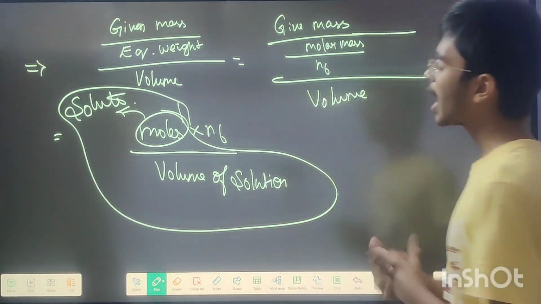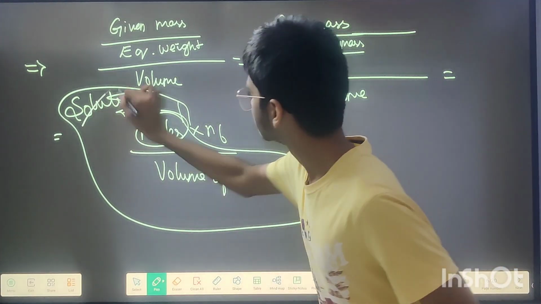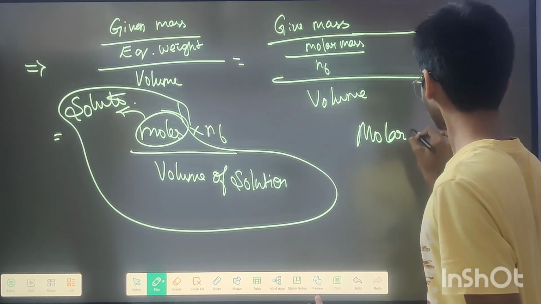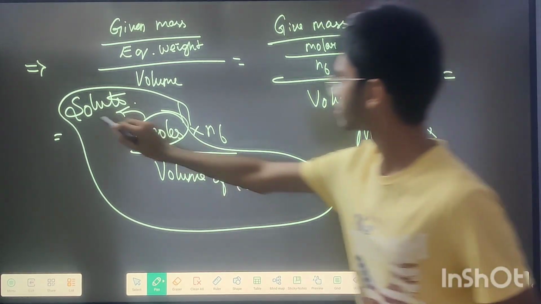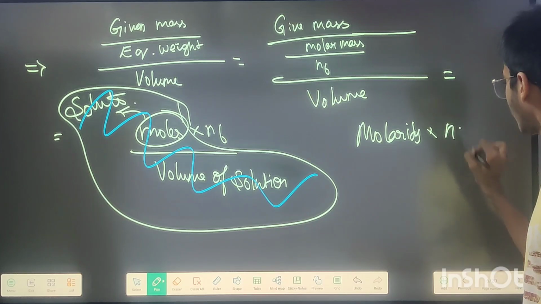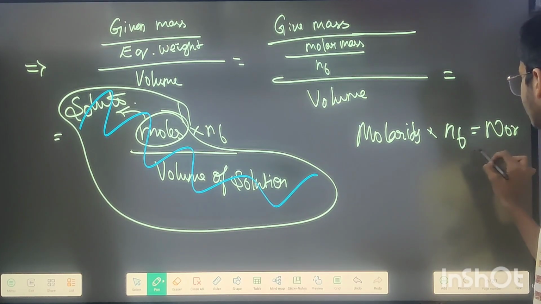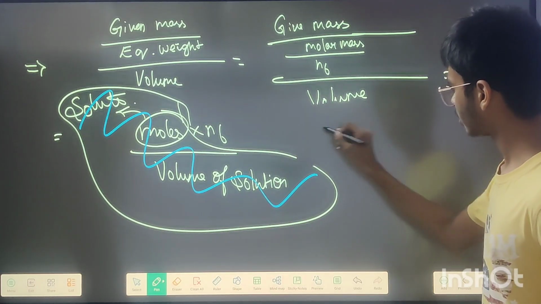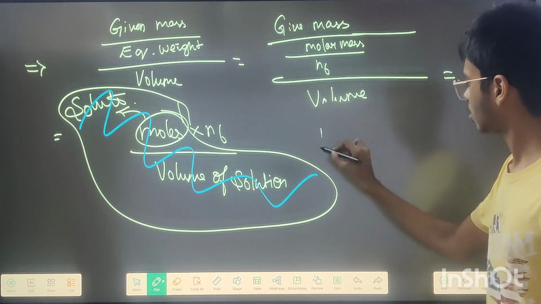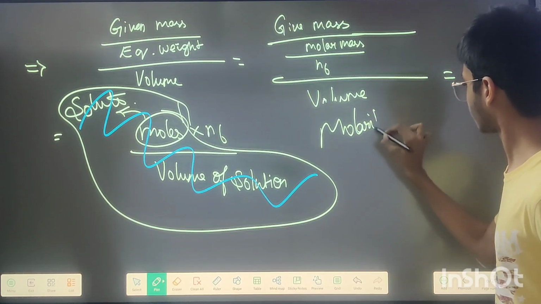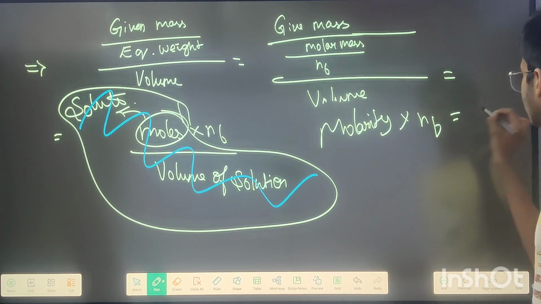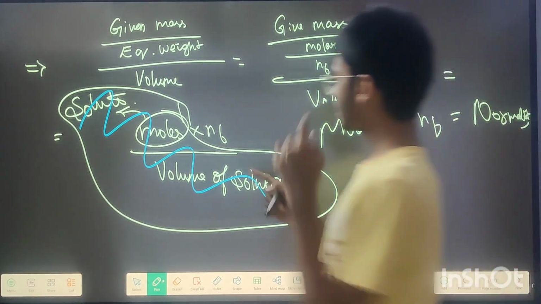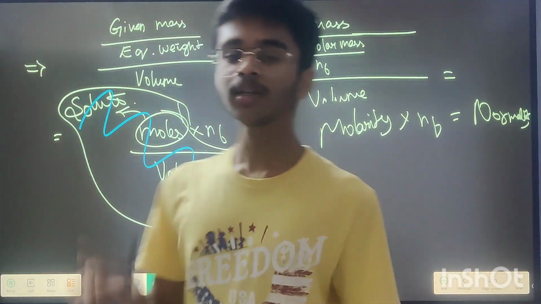Then your molarity is this one. So molarity into n factor is equal to your normality. Just remember this: moles into n factor by volume of the solution.